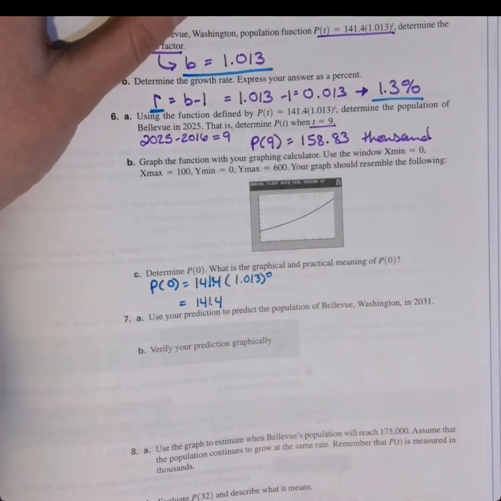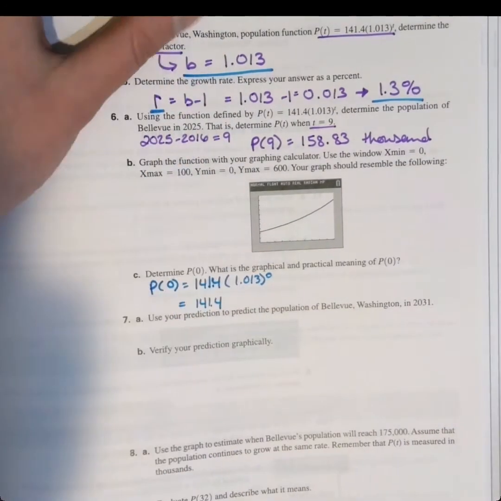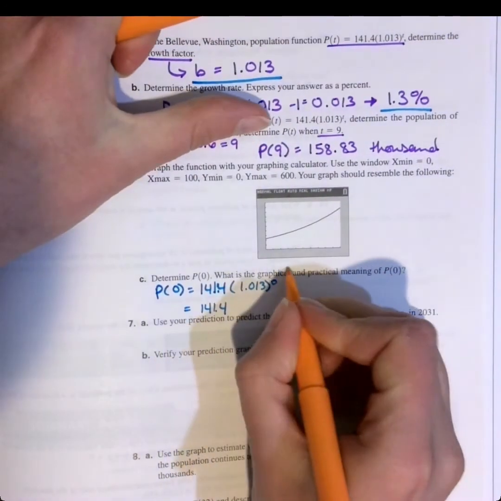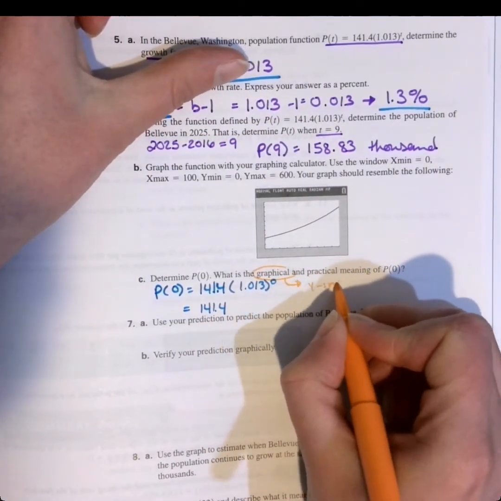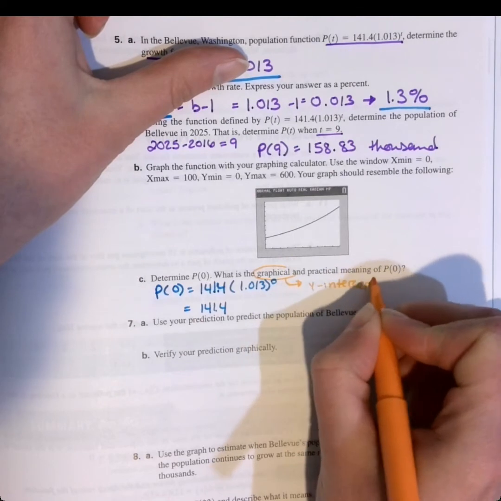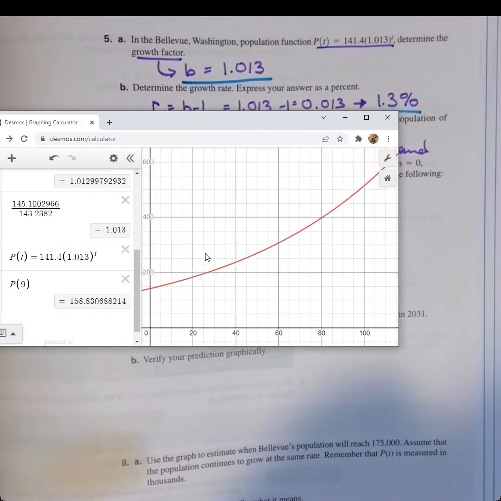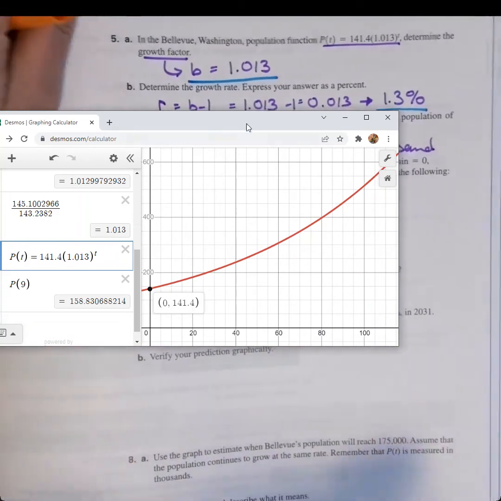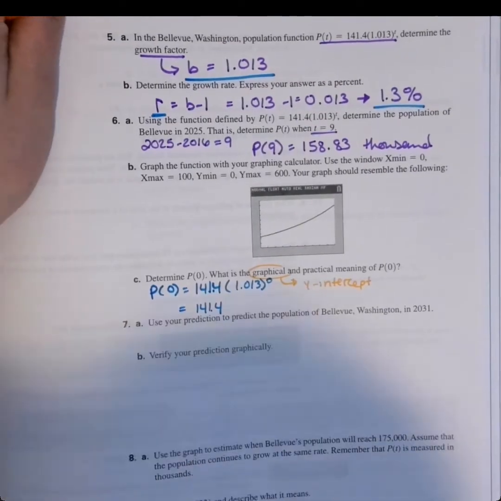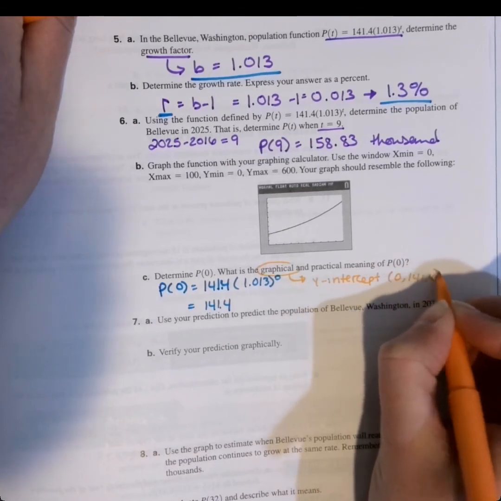Now, they're asking me 2 questions here. One of them is the graphical meaning. So the graphical meaning is, this is the y-intercept. So if I scroll out a teeny bit, touch the y-axis, 141.4 is the y-intercept, or I could be more specific on this and say the y-intercept is 0, 141.4.